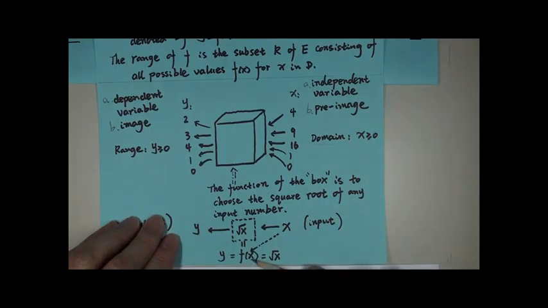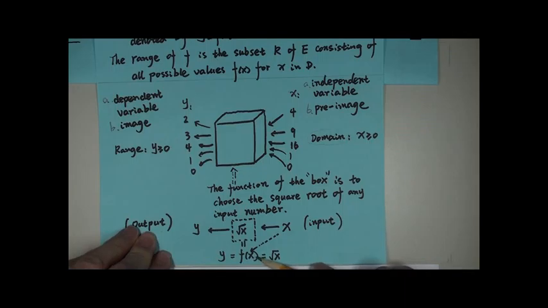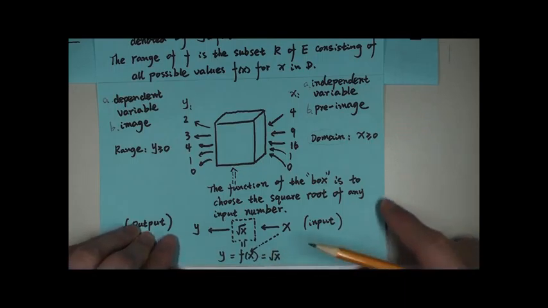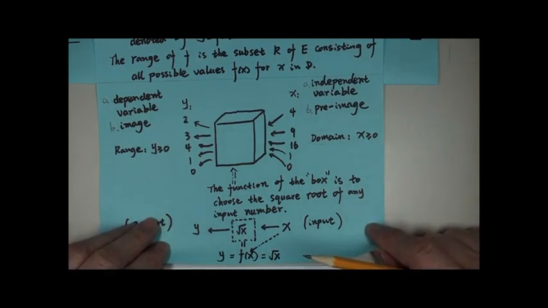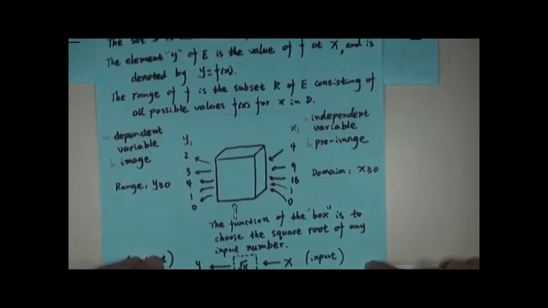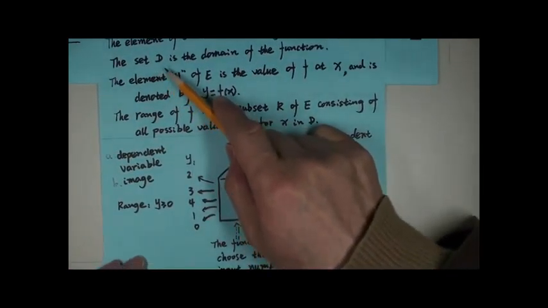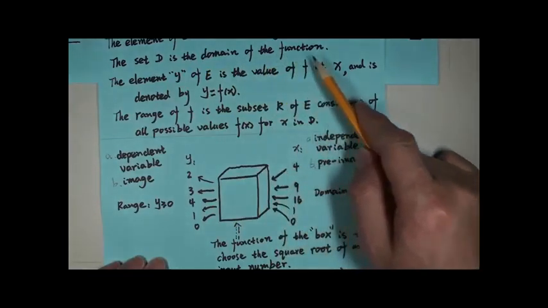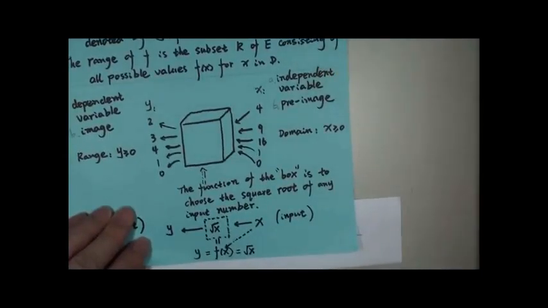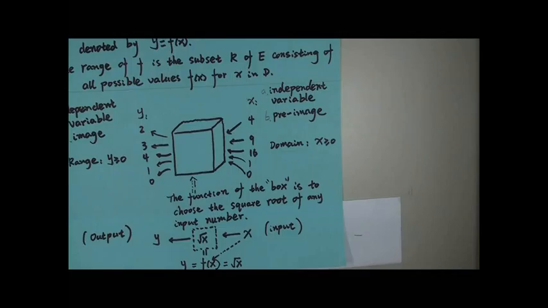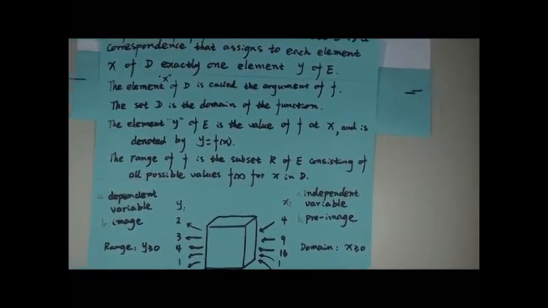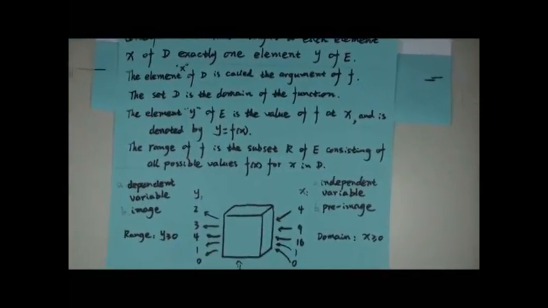Again, it is not a multiplication relationship between f and x. Be careful. x is called the argument, and the set D is the domain of the function. In this case, the domain of the function is greater than or equal to 0.